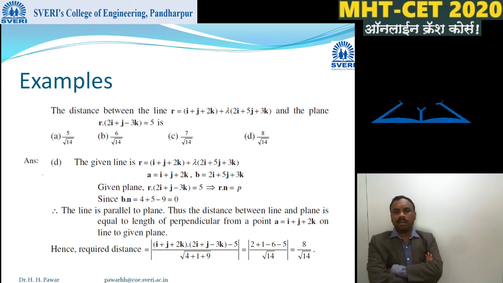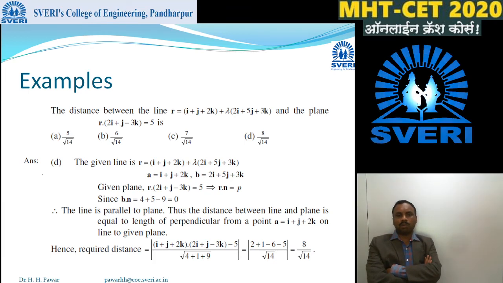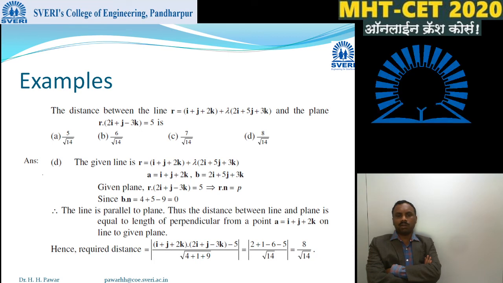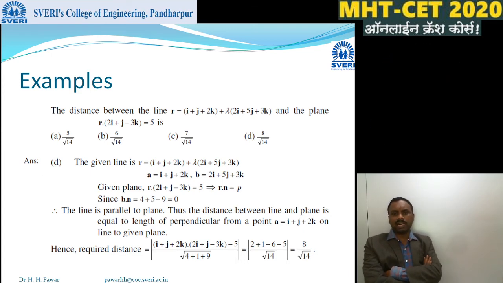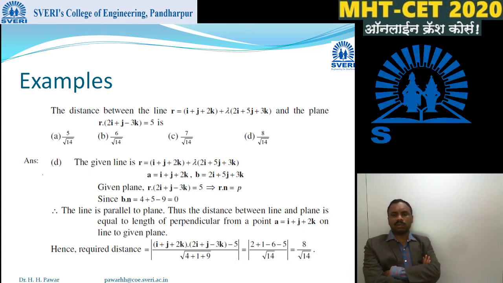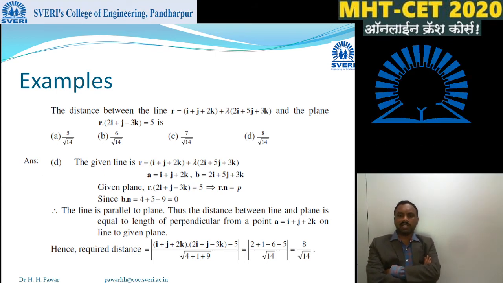As here the first equation is given in the form of vector equation r bar is equal to a bar plus lambda b bar, and the second equation is given in the form r bar dot n bar is equal to d. So here a bar is equal to i plus j plus 2k and b bar is equal to 2i plus 5j plus 3k, that is the vector along the line is nothing but b bar equal to 2i plus 5j plus 3k in this case.